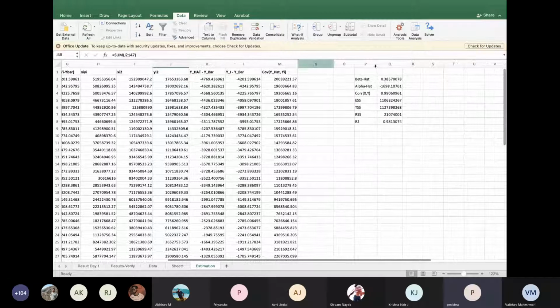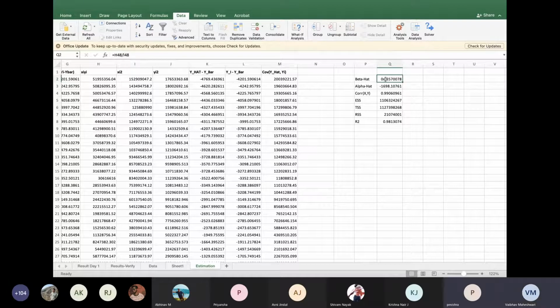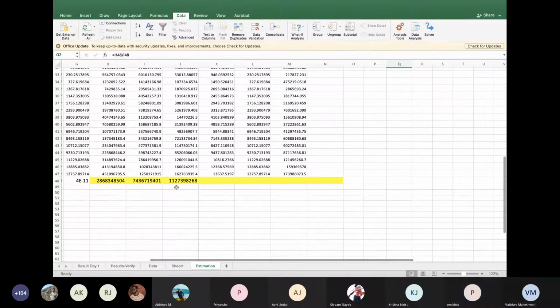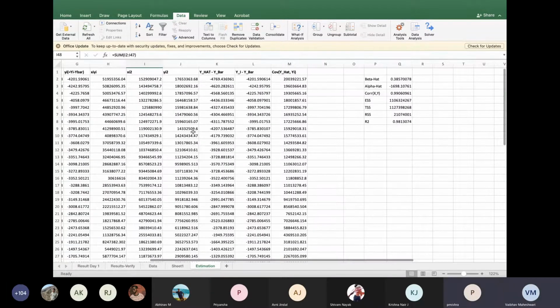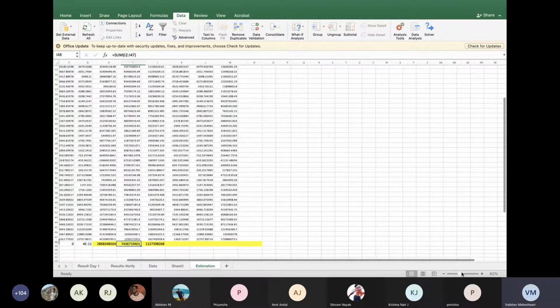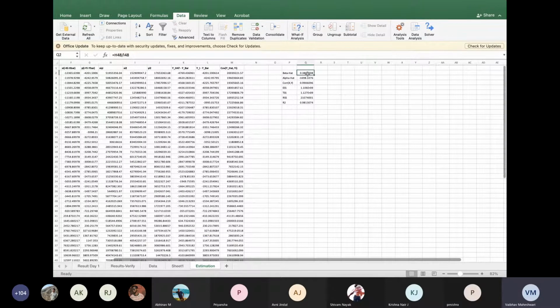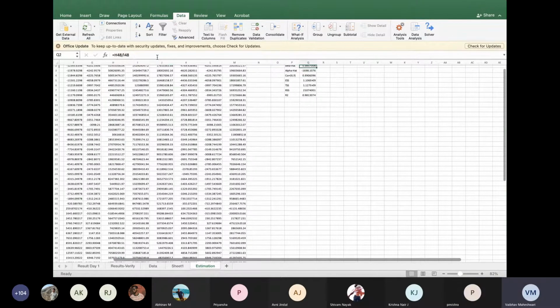Come here. What I'm getting here is beta hat. What is the formula? Summation of small xi into small yi divided by summation of small xi square. Just see the cell reference. Yes, sir. I just go down. Sir, can I make it small so that it comes on one page? Still, it is not coming.